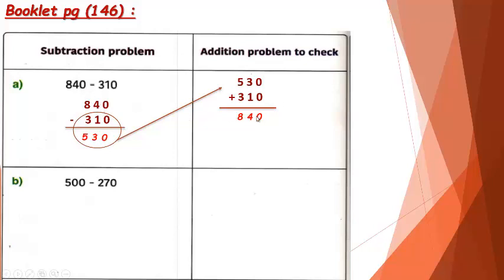Yes, it's equal to 840, so I'm right. So if I subtract two numbers, the answer is a number which, if I add it again to the smallest number, must give me the biggest number.